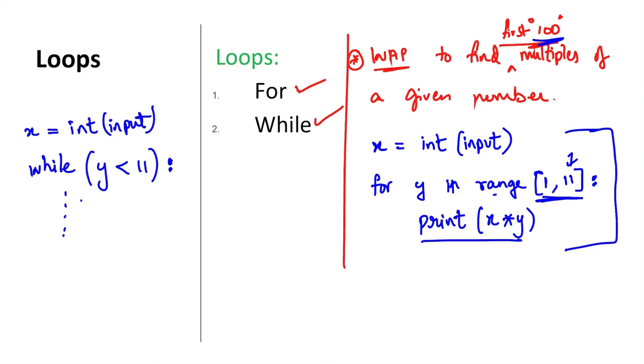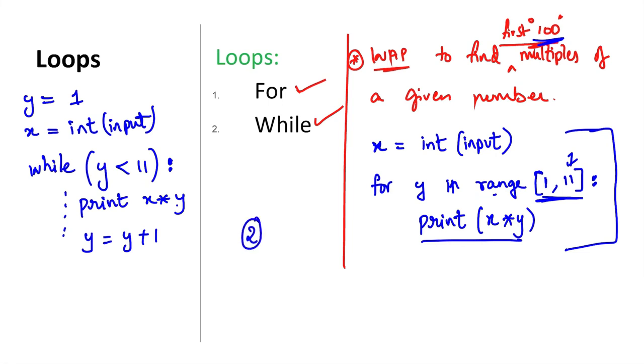Now I am just printing x into y. But what is y? y is not defined, so first we define y equals 1. Now print x into y. In the first iteration, x into 1, and then y equals y plus 1. I have incremented the value of y, so now y is 2.